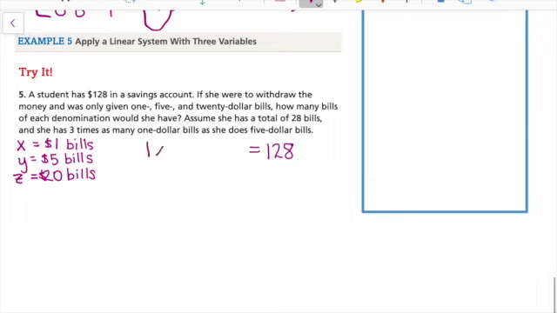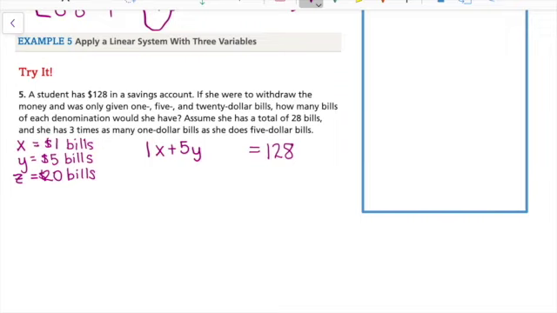And we know that she has some amount of $1 bills. So 1 times however many $1 bills she has will give her the monetary value of that, right? Whereas 5 times however many $5 bills she has will give her how much money she has.